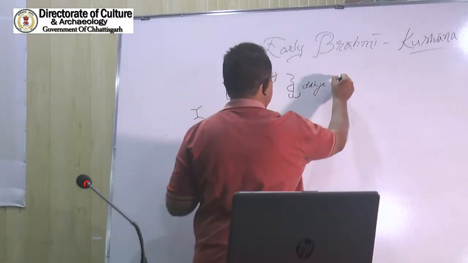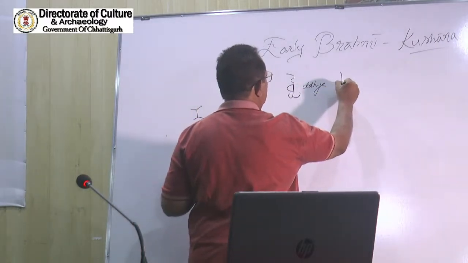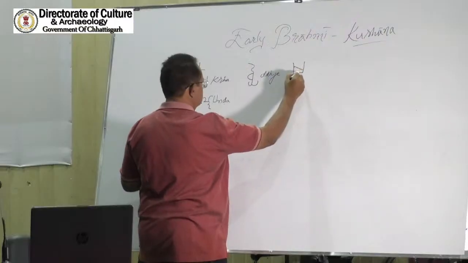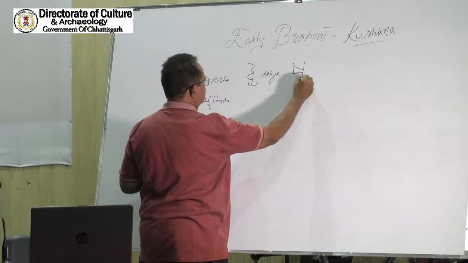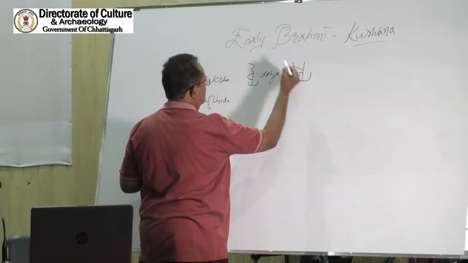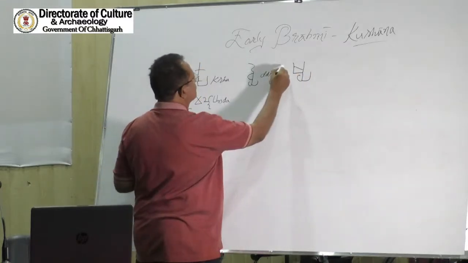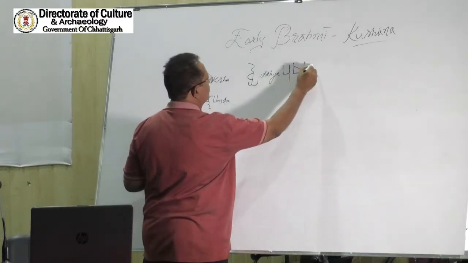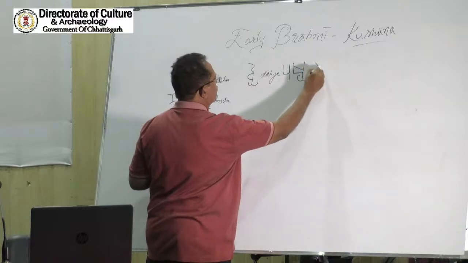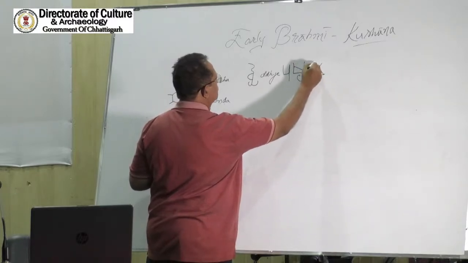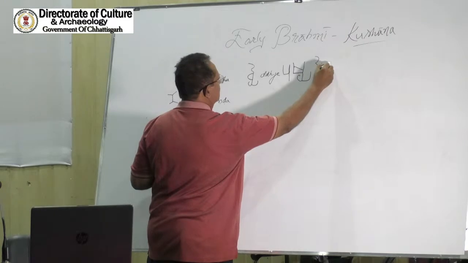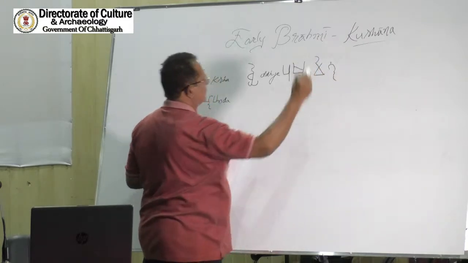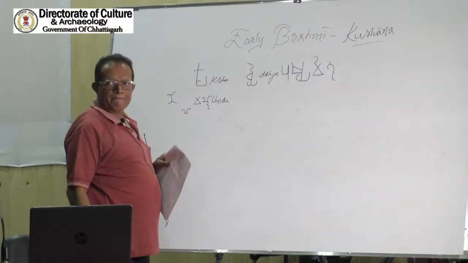For example, Shya, Pushyamitra, this Sha, and then easy, actually this is Shya. For example, I will write Pu, extended Pu, Shya, Mi, Pushyamitra.